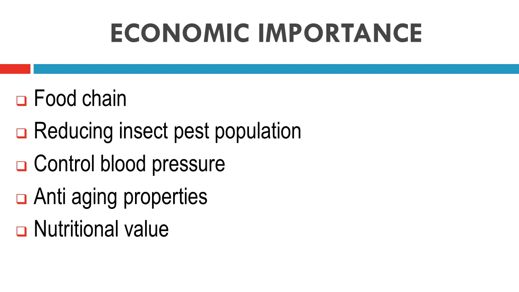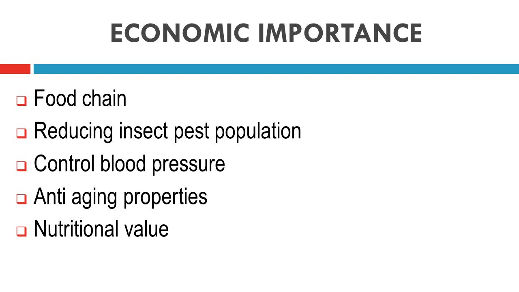Fine. The next one is regarding medicinal values. So the traditional medicines will be prepared from these frogs. Especially these medicines are helping to control the blood pressure, right? And moreover, the anti-aging properties also will be produced from the frog. So what do you mean by anti-aging? The people will get older, but they don't look like aged people.